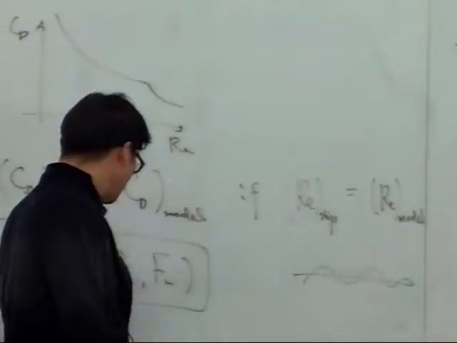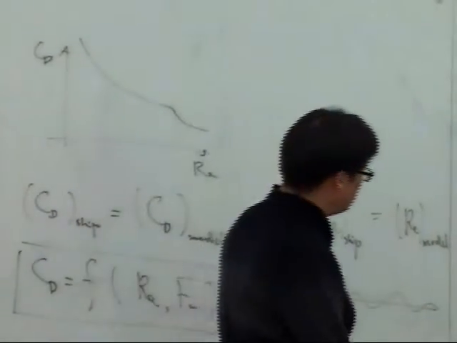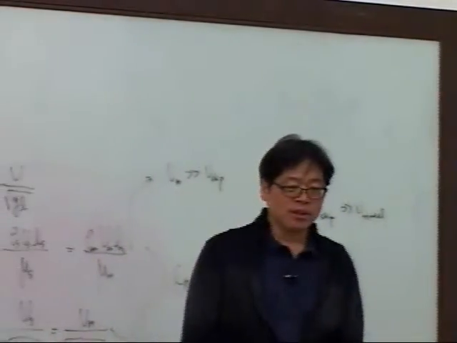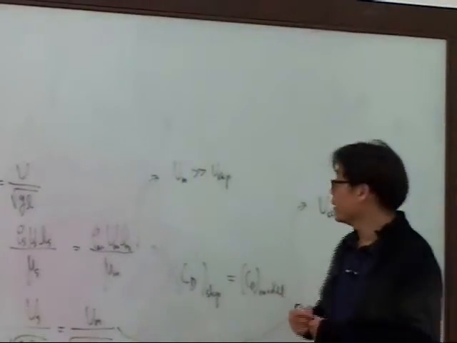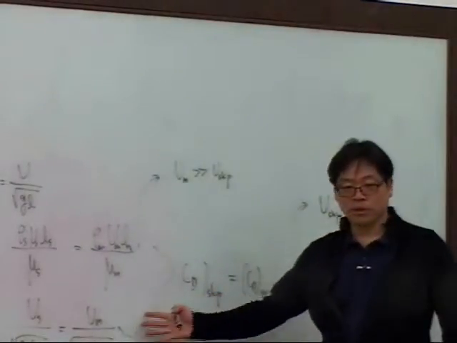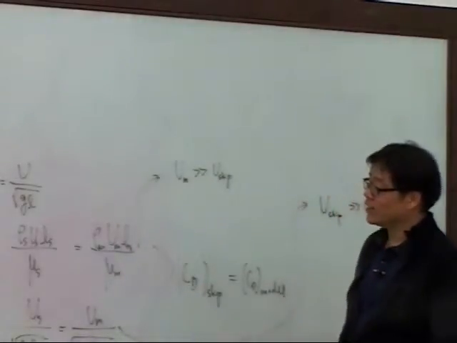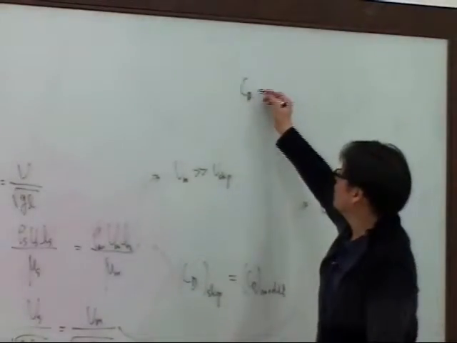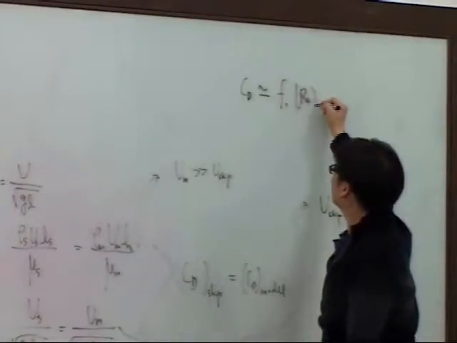So when drag coefficient depends on Reynolds and Froude number, what you typically do is you neglect one and then you match the Froude number to the experiments. That is not really correct, but in practice this is quite often what you do.